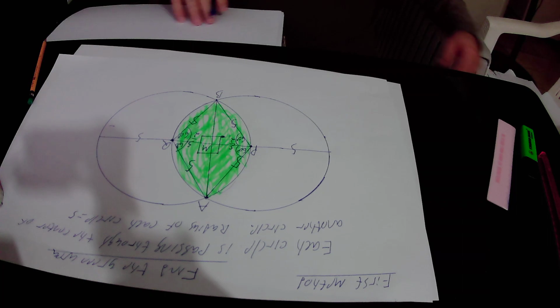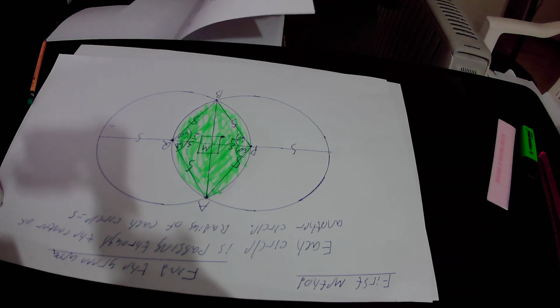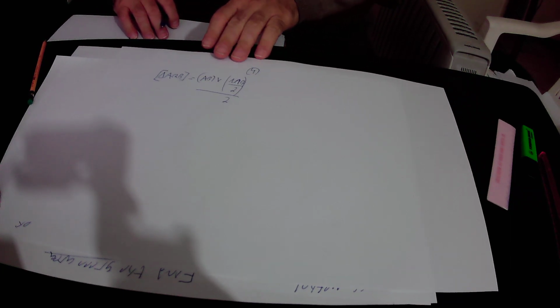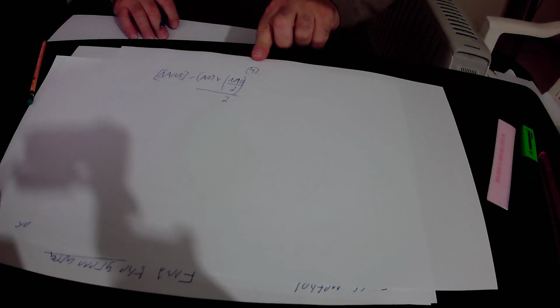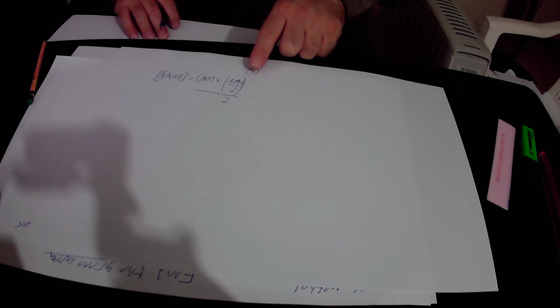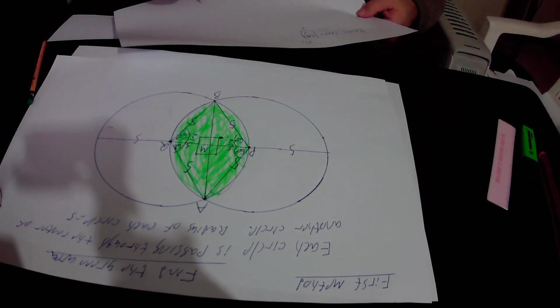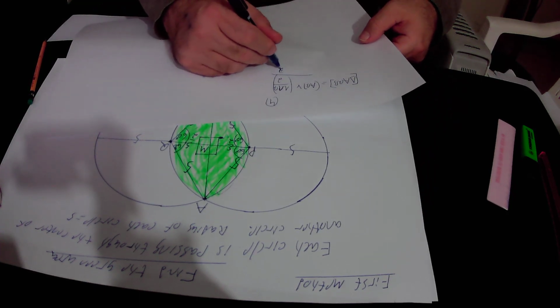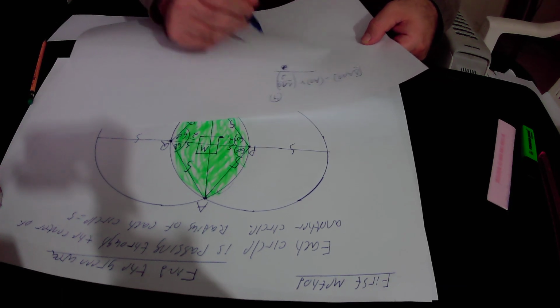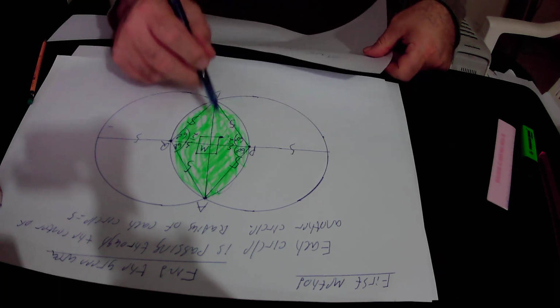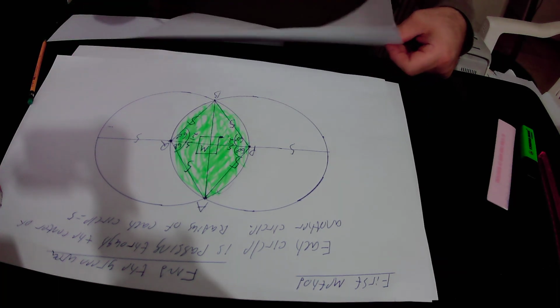I repeat again, the area of triangle AQB will be equal to the base AB times the height MQ divided by 2. Here we have to divide only one time by 2. It is the base times the height over 2. The base is AB, the height is MQ.